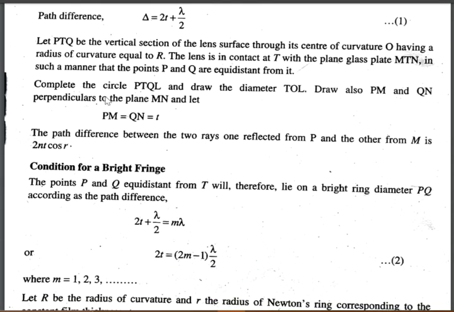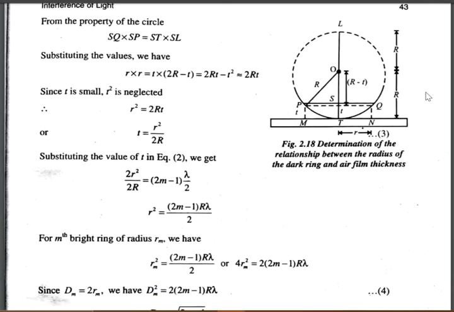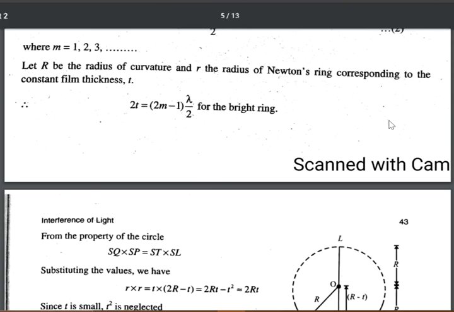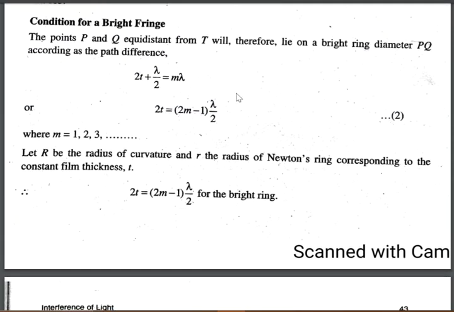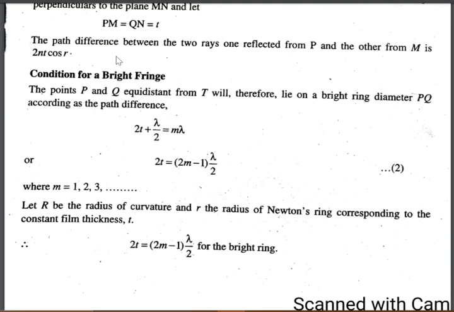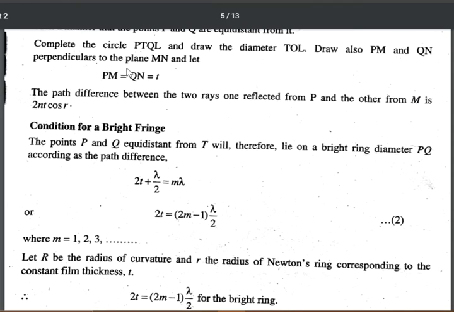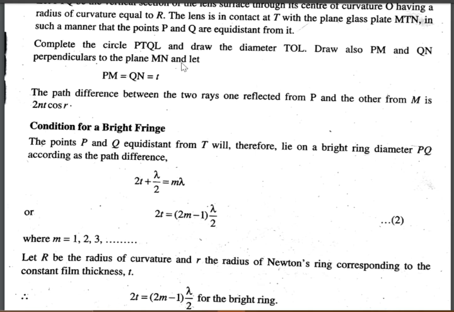That is clear from the figure. Complete the circle PTQL and draw the diameter TOL. Draw also PM and QN. Look at the figure. PM and QN are perpendicular to the glass plate, the plane MN, and let PM equal QN equal t.